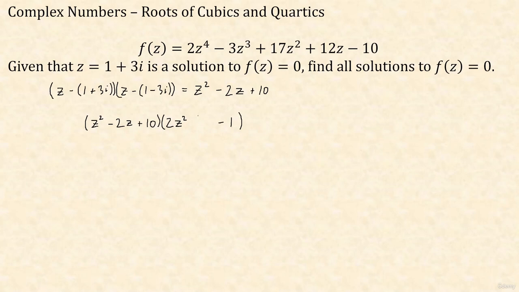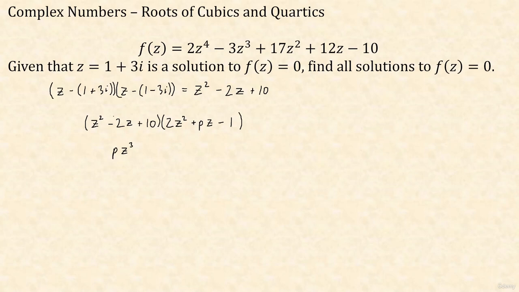Now, the only tricky one is the one in the middle. So we can find that just by using a little bit of algebra. If I just put plus, and you can make up a letter, I'm going to put pz here. The only thing I need to find out is what p is, and I can do that by comparing coefficients, on any of these terms. For example, let's think about the z cubed term. How did we get z cubed when we expanded this? Well, it would have been z squared times pz, so I would have had pz cubed.